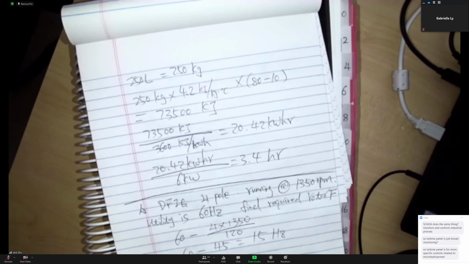It's the micro hydro, hydrokinetic, fuel cell, and grid tie one. Which question? Question 30.